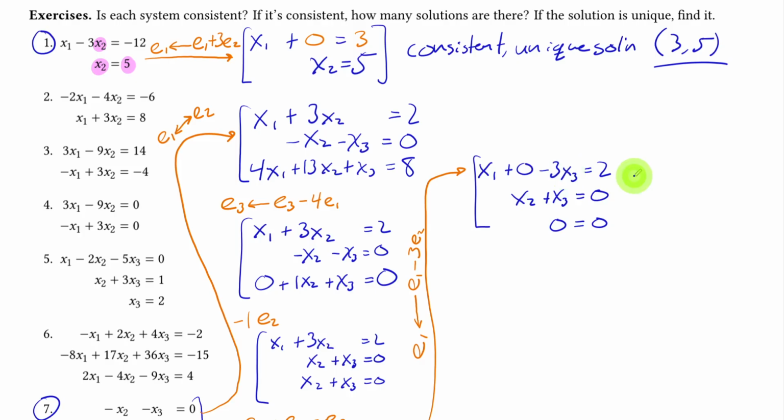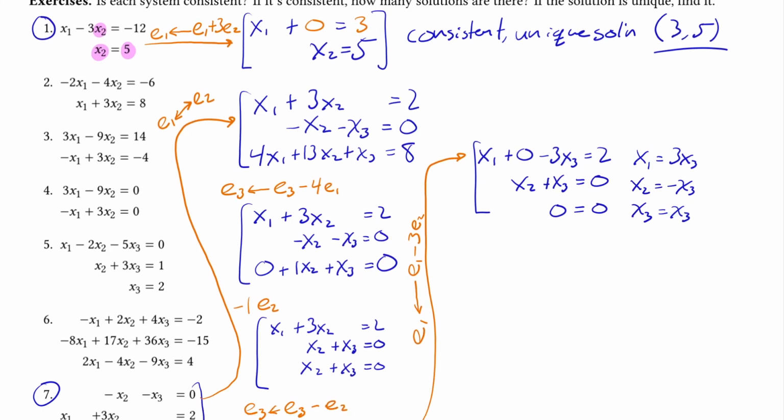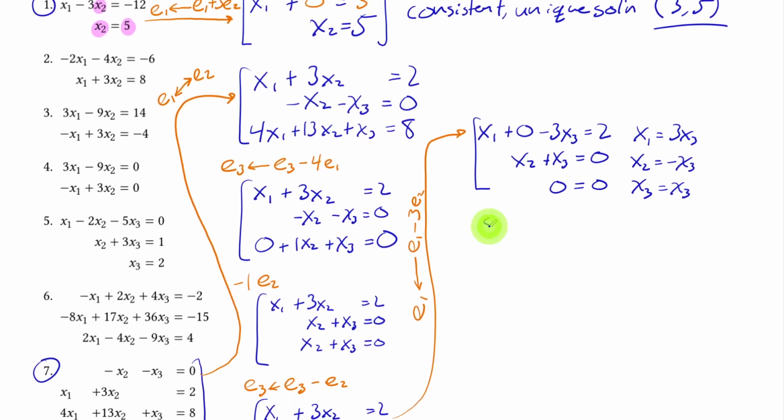Like a preview of where we're going in the next section, we can say x1 equals 3x3, x2 equals negative x3, and x3 can be anything. So some solutions are, for example, if x3 is 0. Oh, whoops, I lost a 2. This was supposed to be 2 plus 3x3.